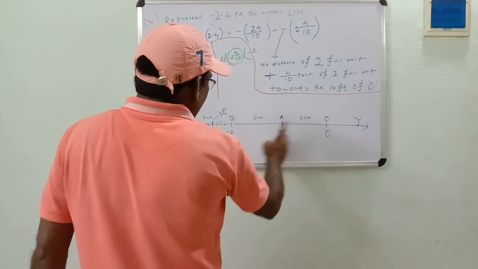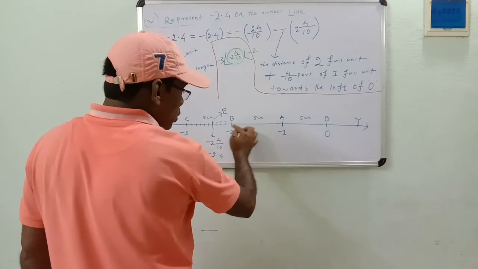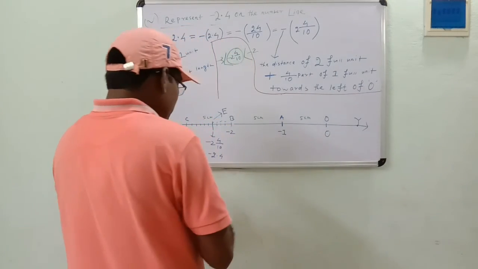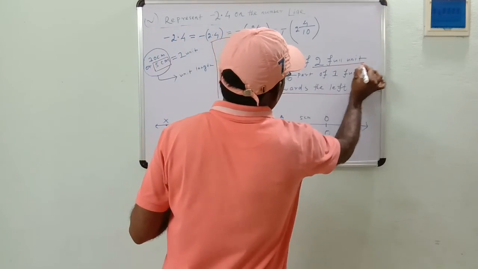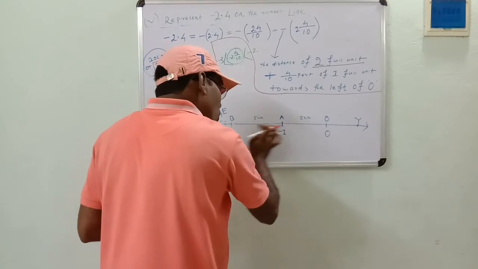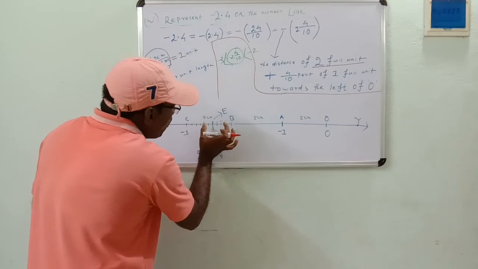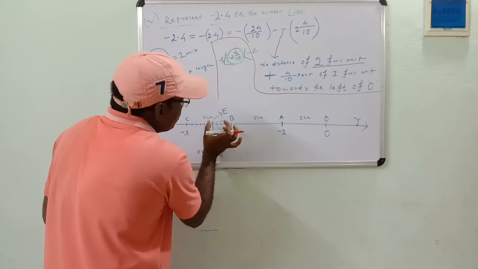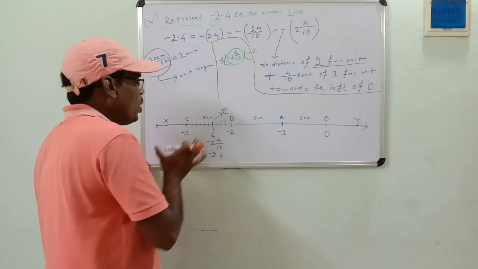From O to B it is full 2 unit distance. From point B to point E it is only 4/10 parts of 1 full unit distance.